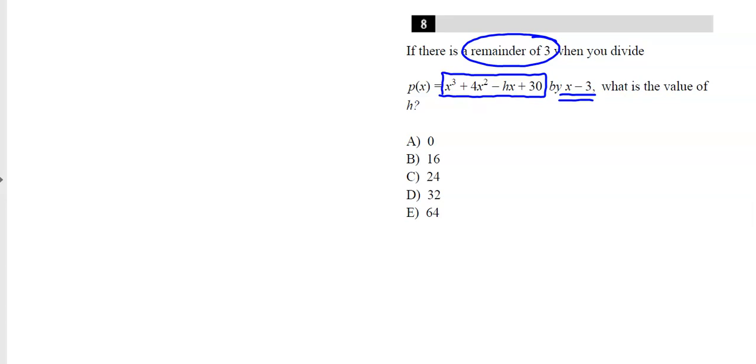When I divide the thing in the rectangle by the thing underlined, I know I have a remainder of 3. So that means when I do synthetic division, if I use 3 as my divisor, I'm going to put 3 in there, and I'm going to do 1, 4, negative h, and 30.